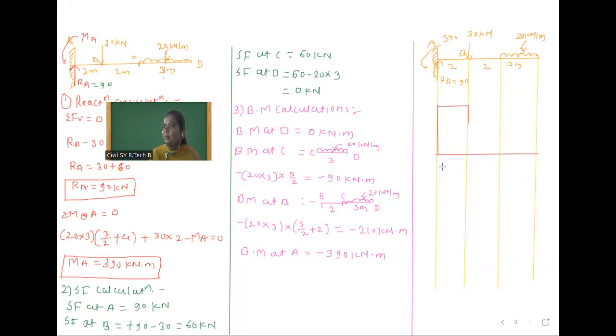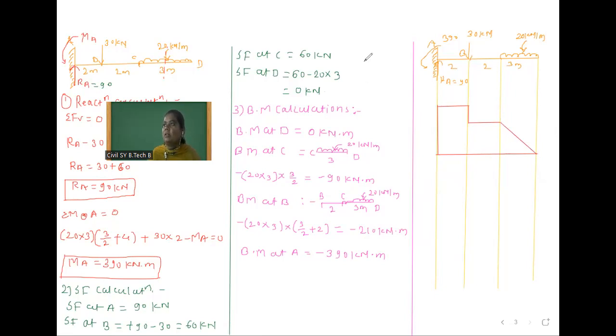Okay. After that, you observe in between B to C, there is no force. That means the diagram is constant. Shear force is constant up to C point. After that, shear force at D is 0. So we will close this figure at 0. So this is the shear force diagram.